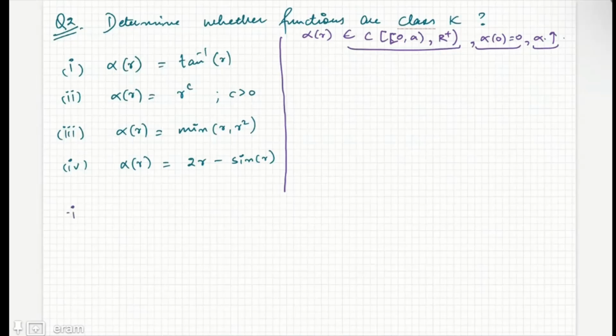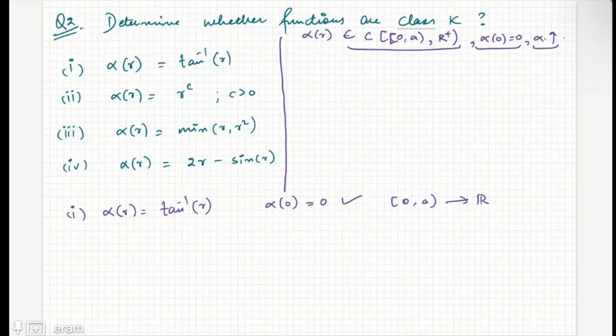Our first function is tan inverse of r. We know that this function is 0 at 0, so the first condition is satisfied, and over a positive domain 0 to a, it maps to a positive real number, so the second condition is also satisfied.